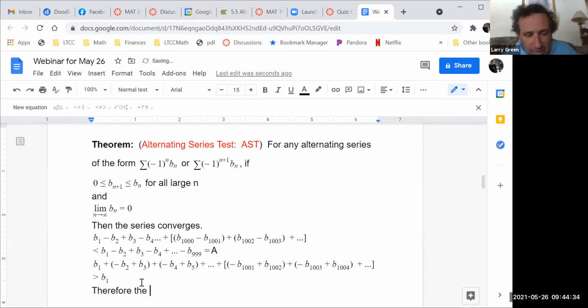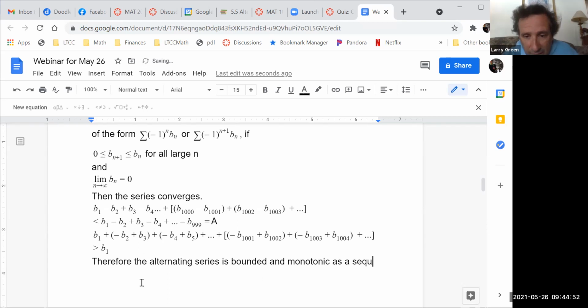Therefore, the alternating series is bounded and monotonic as a sequence of partial sums. Therefore, it converges. Any questions on the proof?